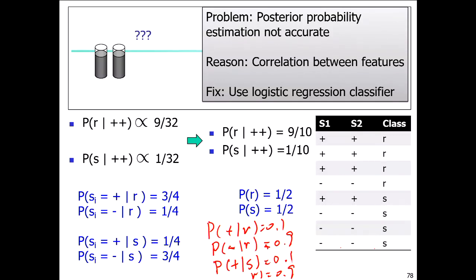Then if we add a plus here, what you will get is you would multiply 0.1 here and 0.9 here.